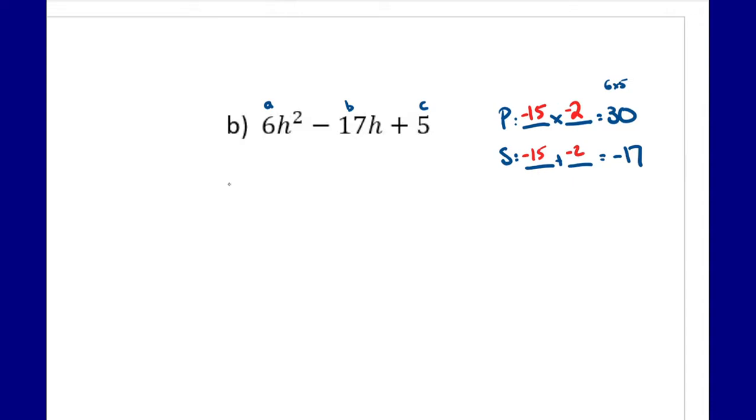Once we have those two numbers, we break up that middle number. So instead of negative 17h, it becomes negative 15h minus 2h plus 5.